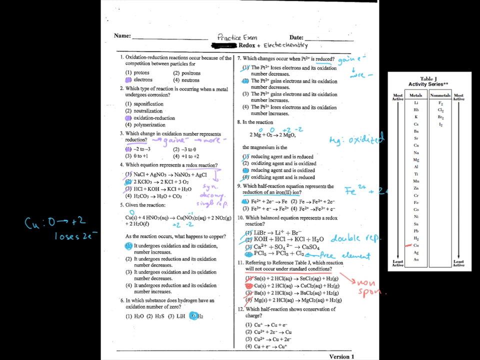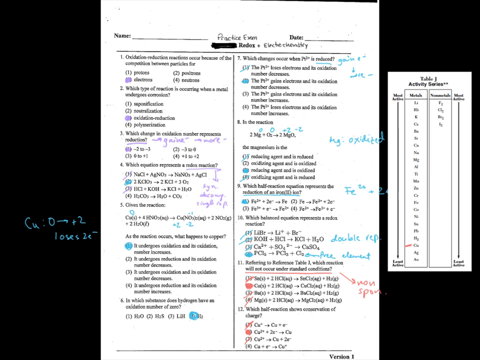Number 12. Which half reaction shows conservation of charge? So that means the total charge on the left side has to equal the total charge on the right side. So number 1 is not correct. Number 2 is correct. Number 3 is not. And number 4 is also not correct. So the only one that is correct is choice 2. Here we have an ion gaining electrons.